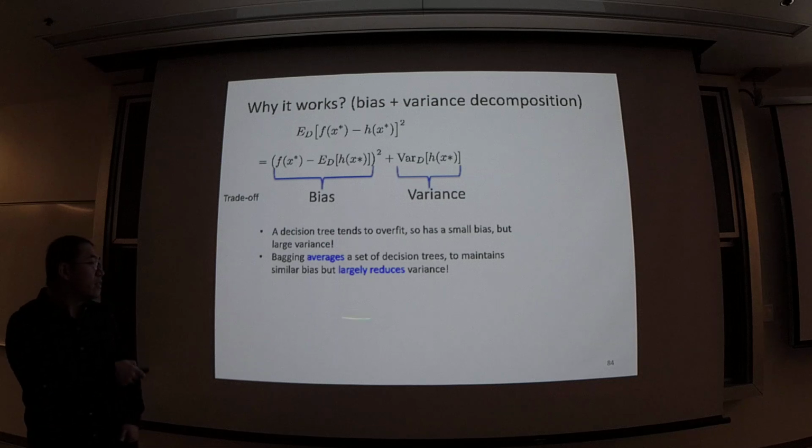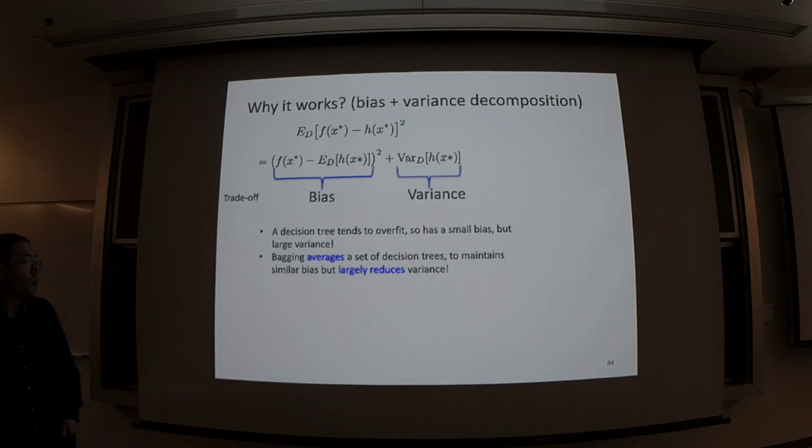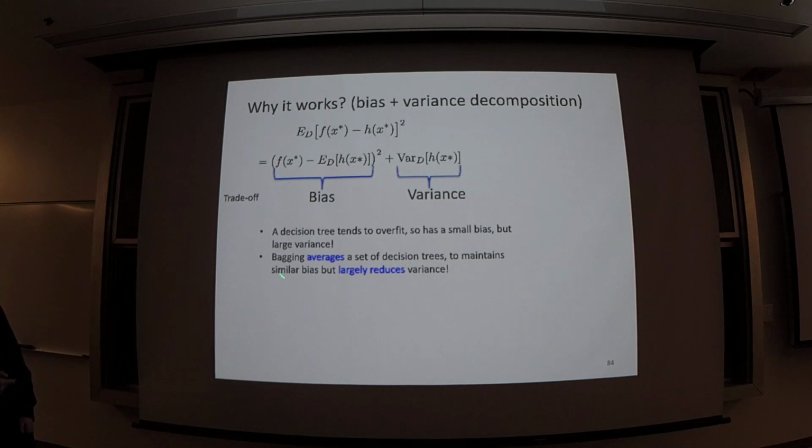That's why the idea of bagging works. Does it make sense? So bagging averages a set of decision trees to maintain similar bias but largely reduce the variance.